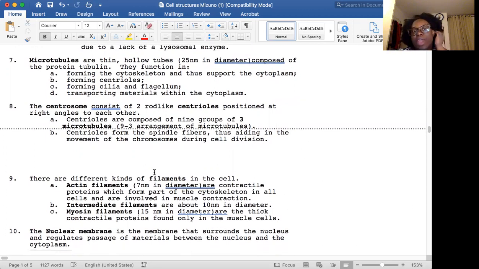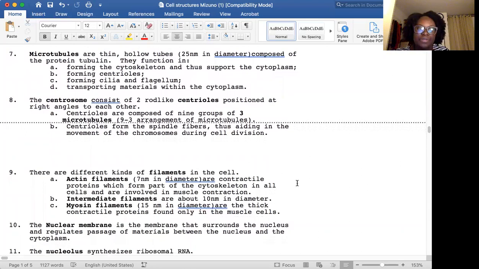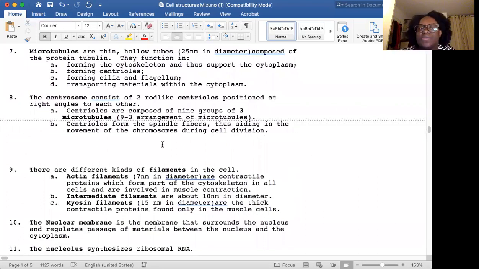A centriole consists of rod-like structures positioned at right angles to each other. And centrioles form spindle fibers, thus aiding in the movement of the chromosomes during cell division. So this is a very important aspect of cell division.